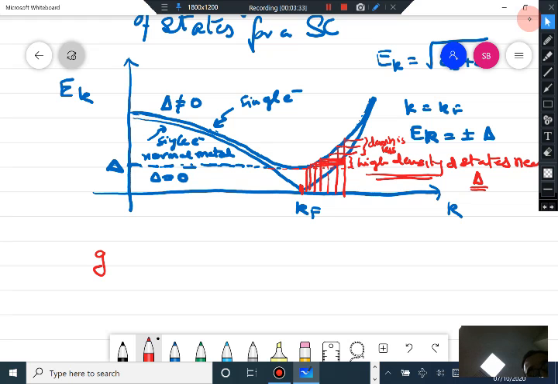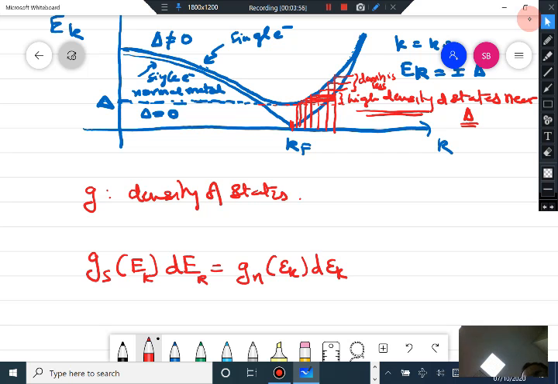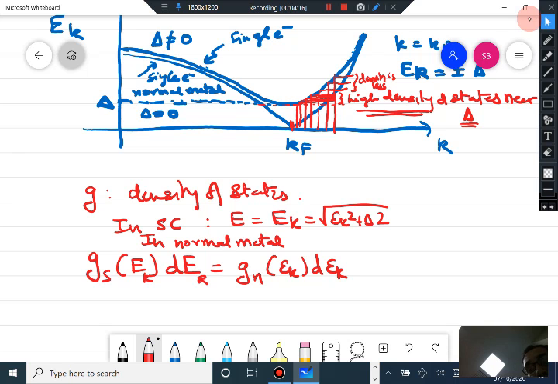Now if G represents the density of states, remember that in the superconductor, the energy E is equal to Ek, which is the square root of εk squared plus delta squared, and in a normal metal, the energy is nothing else but the square root of εk squared, because delta is 0. So therefore Ek is equal to small εk.